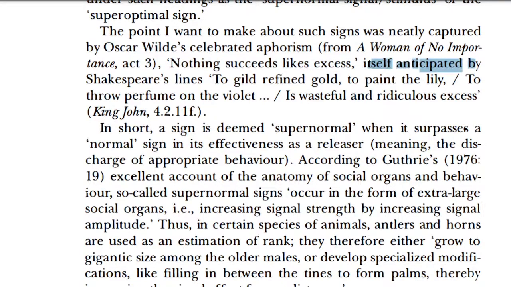Itself anticipated by Shakespeare's lines, to gild refined gold, to paint the lily, to throw perfume on the violet, is wasteful and ridiculous excess. Yeah, to gild refined gold, to paint the lily, to throw perfume on the violet. Get it? In short, a sign is deemed supernormal when it surpasses a normal sign in its effectiveness as a releaser, meaning the discharge of appropriate behavior. We got some good words going here.